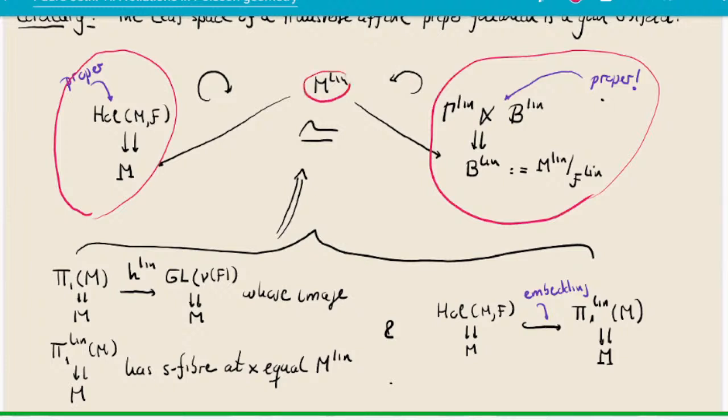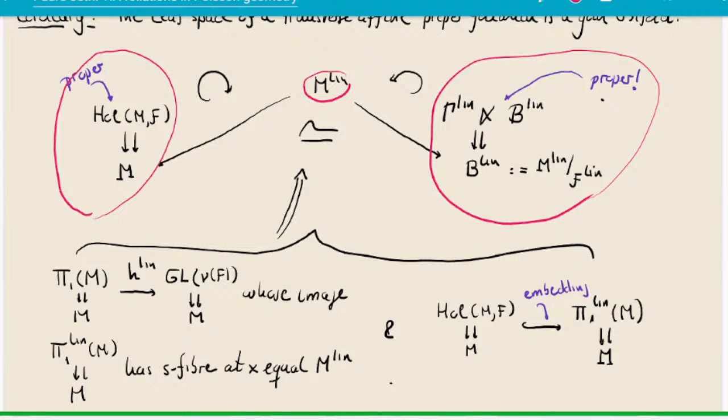And here you have to prove a couple of things. First of all, you have to prove that this B-lin, the leaf space of the linear holonomy cover, is actually a manifold. And there the Lie groupoid methods are useful because they allow you to detect it right away. Who is the holonomy groupoid of this linear holonomy cover?